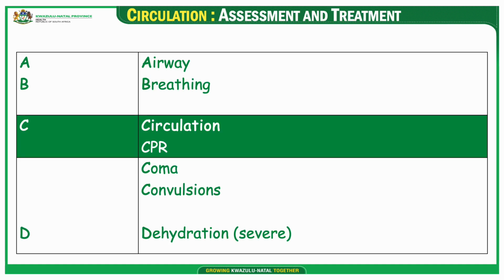We want to stick to our A, B, C, C, C, D. Once you get to circulation, you've managed and assessed the airway and breathing, and you now need to assess and treat circulation.